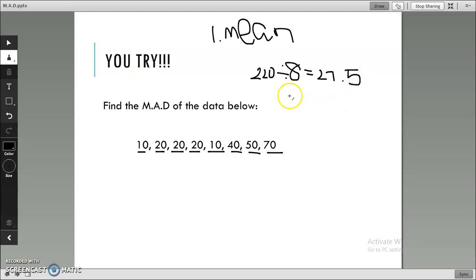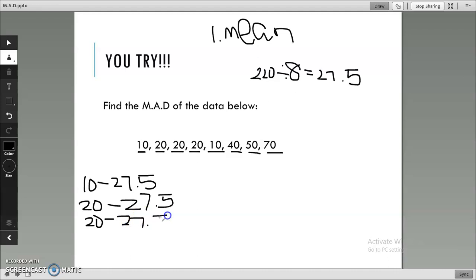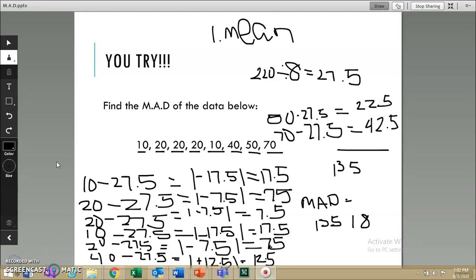All right, now I want to find the distance. So it'll be 10 minus 27.5, 20 minus 27.5, and I went ahead and wrote it out so we can save a little time. And so we have 10 minus 27.5 is the absolute value of negative 17.5, which is positive 17.5, and so on and so forth.